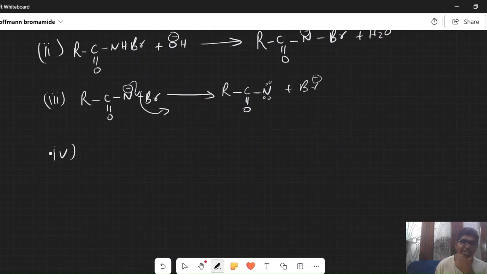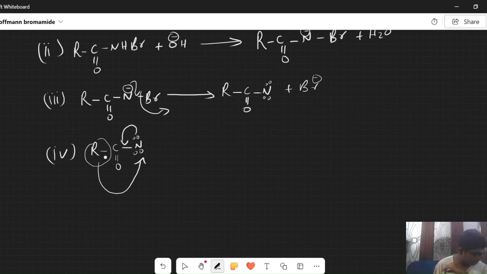I know till now it seems very easy, but a lot of confusion is there ahead. Okay, so RCON, the nitrene so formed, undergoes rearrangement. Okay, so what happens here? The R part comes and attaches to nitrogen, while this lone pair gets transferred here. Right.